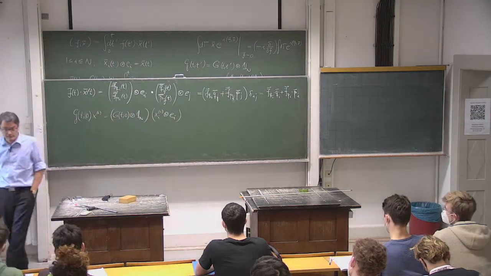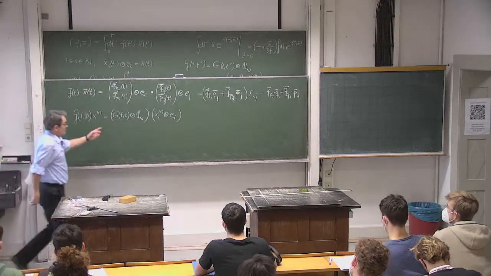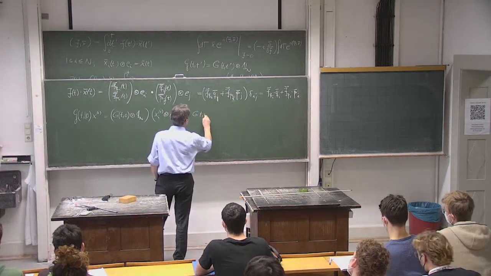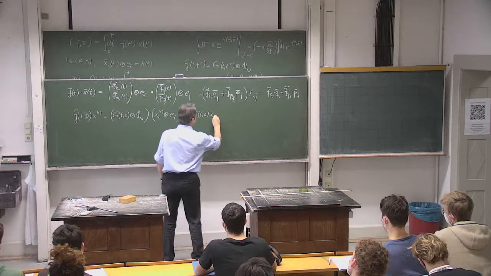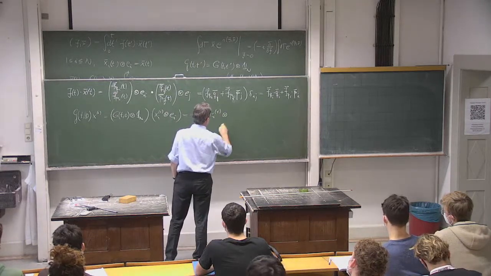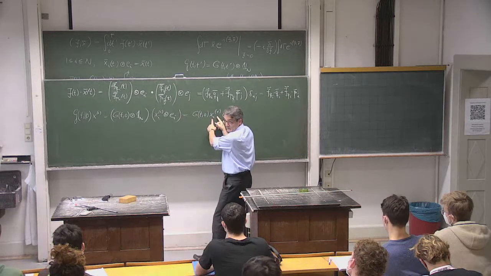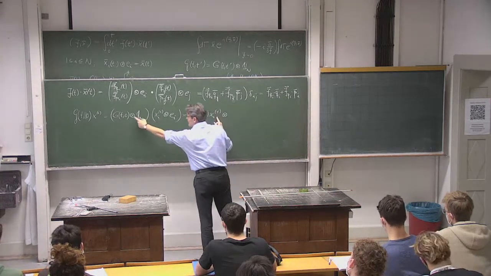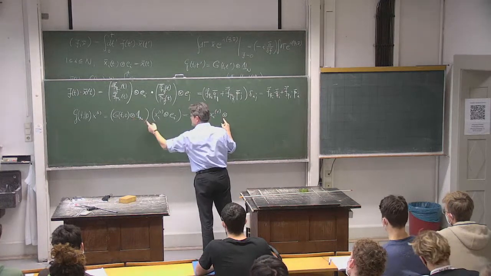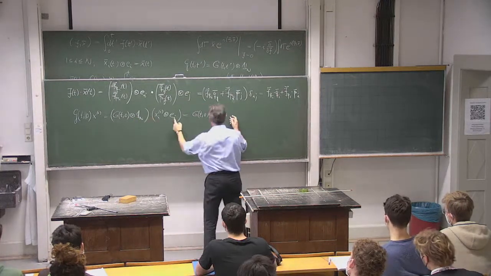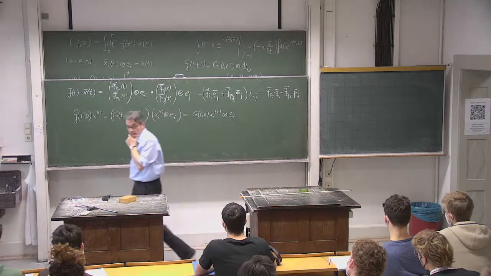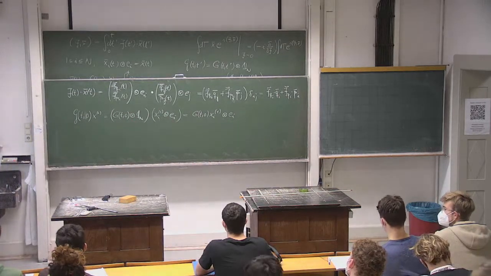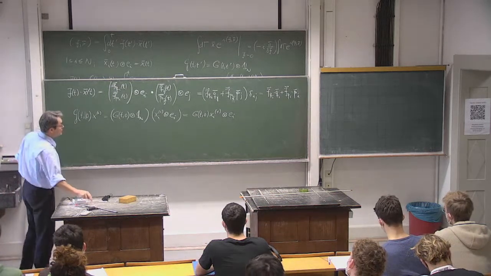All right, now you get G of t and 0 times x_i. Right, this propagates the ith particle forward. Now you have tensorial times unit matrix times e_i. So you get this. Good? Okay.